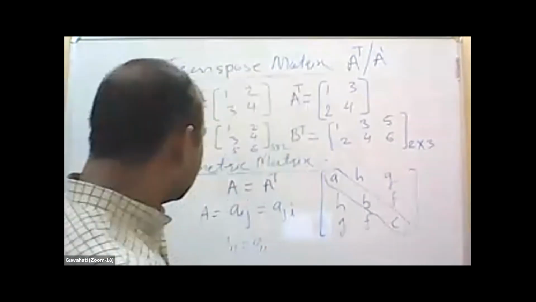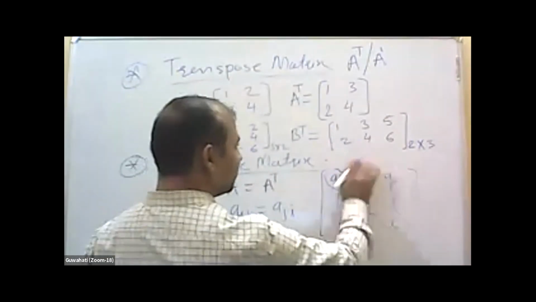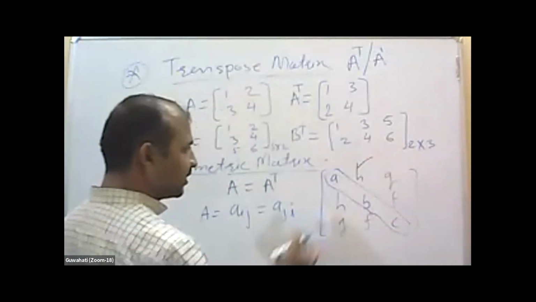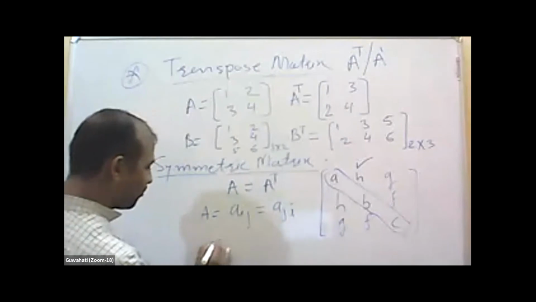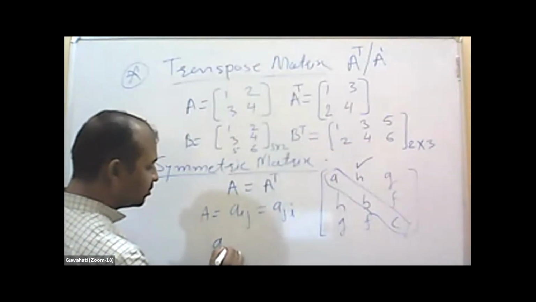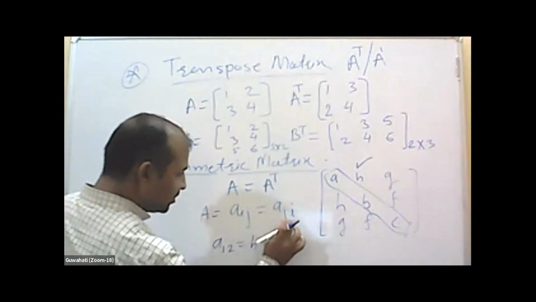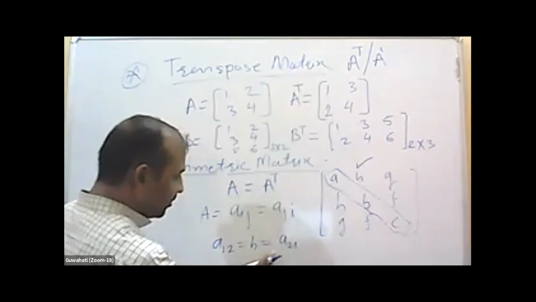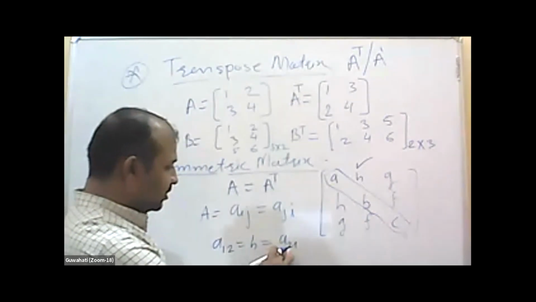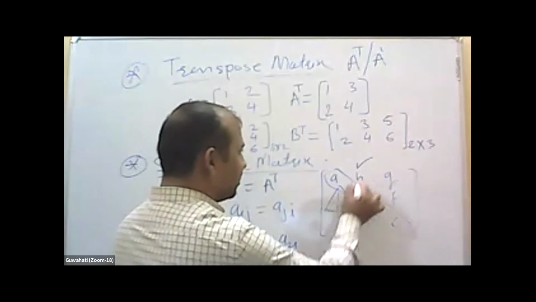But suppose I take this element, what is its position? It is first row, second column, which is H. It should be the same as A21, which is second row, first column. Is it the same element?